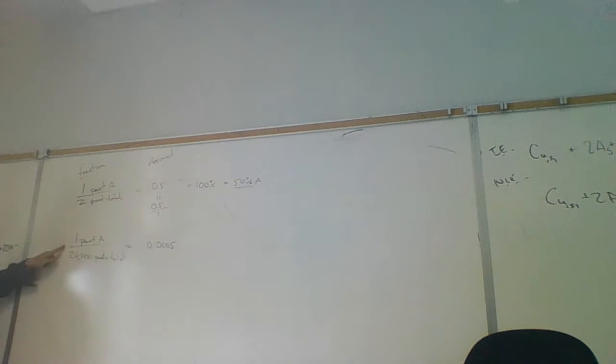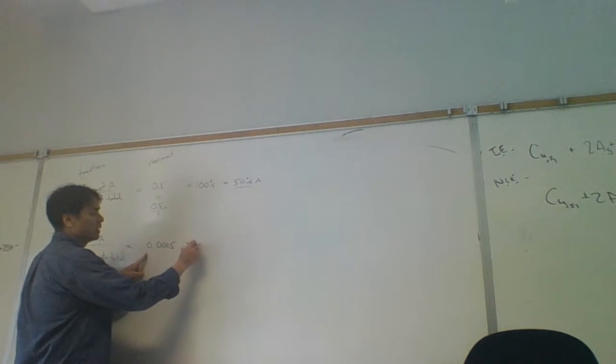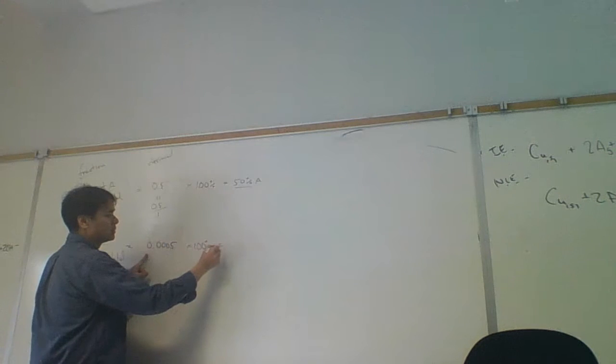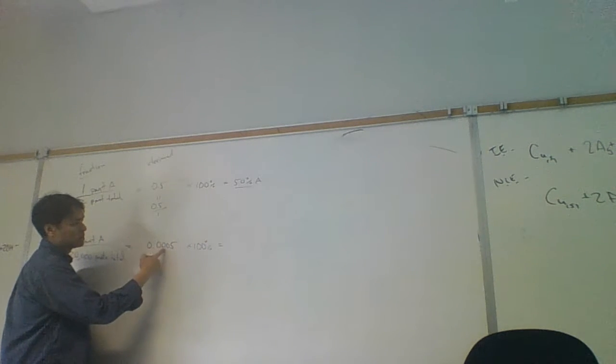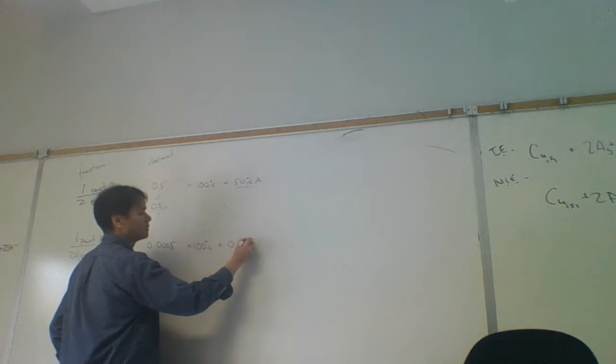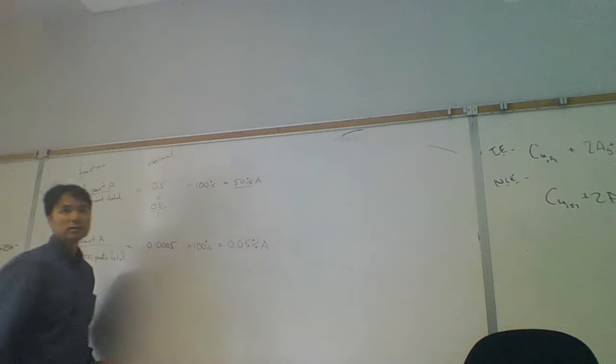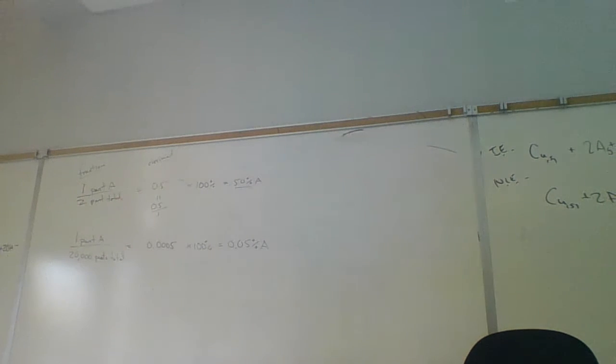Here's our fractional composition. Here's our decimal composition. Then we multiply this by 100% to get the percent composition. It's only going to move the decimal 2 places, so this comes out to 0.005%. That's okay. 0.005% A we can deal with, but sometimes that's not as convenient.